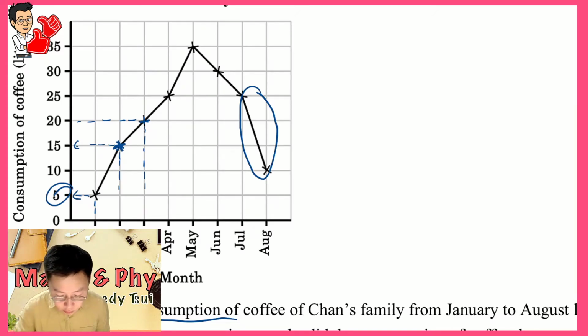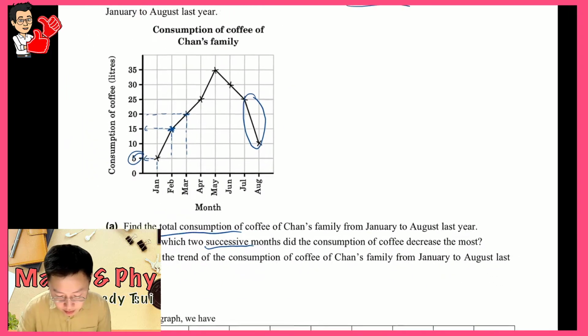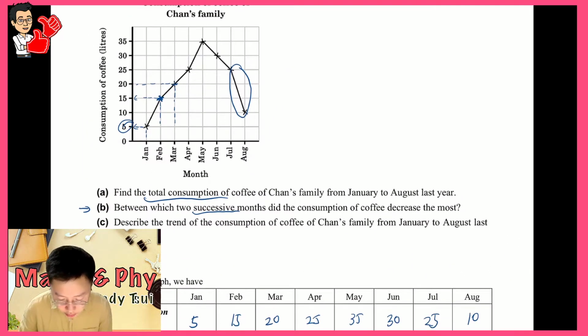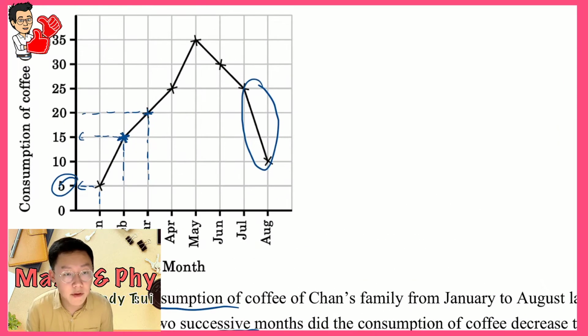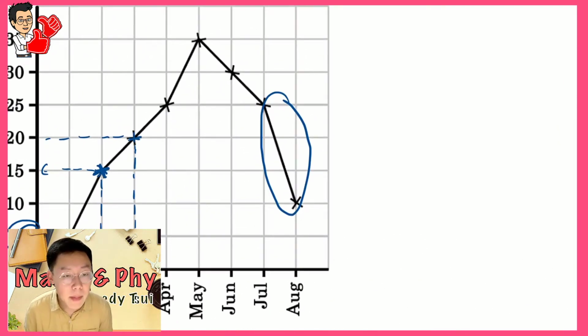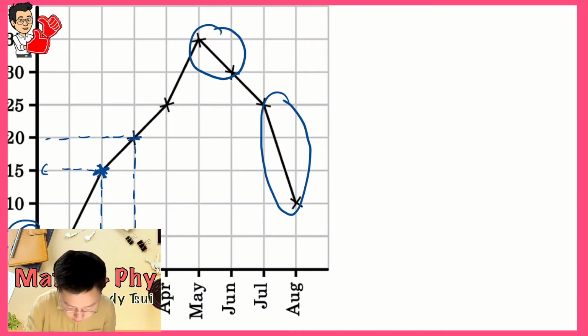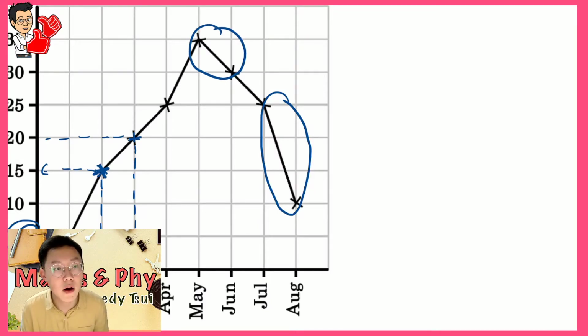However, you may say that May and June also decrease. However, May and June decreased not as much as July and August.